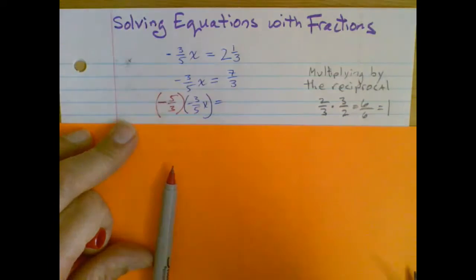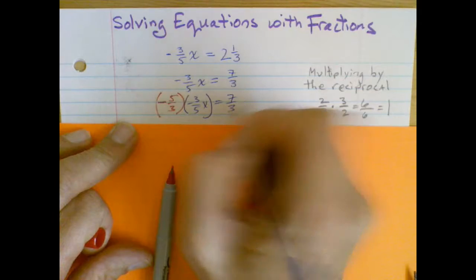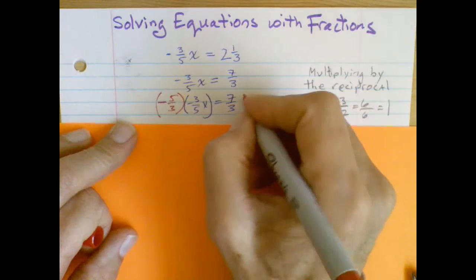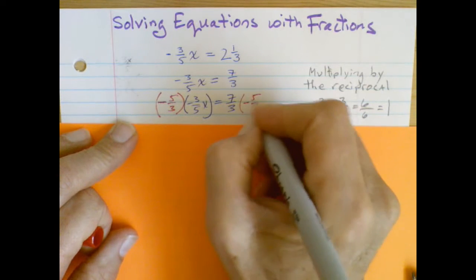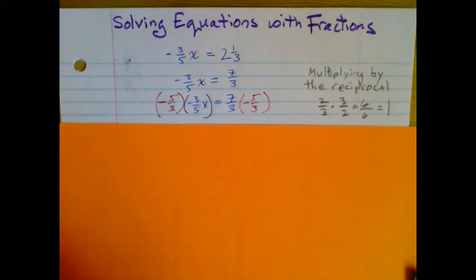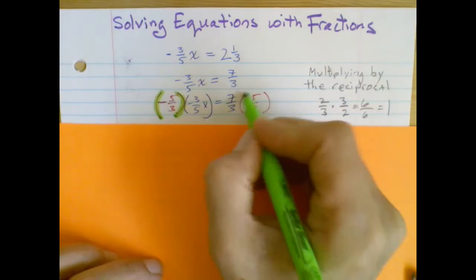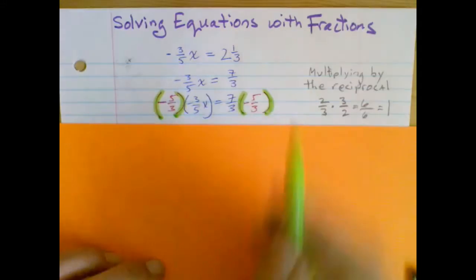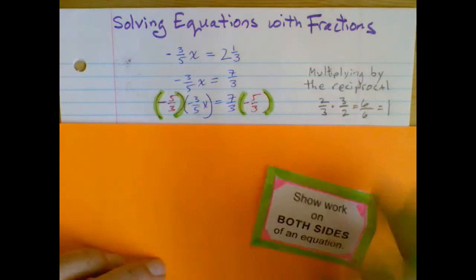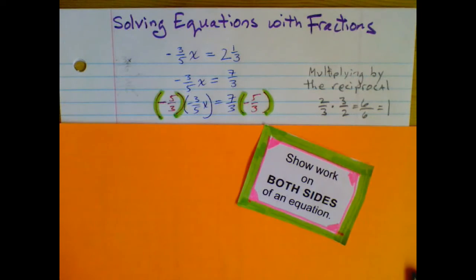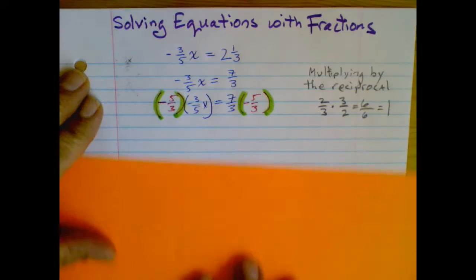My rule says whatever I do on one side, I must also do on the other. So here I am, showing that I'm multiplying both sides. I'll highlight here in my green. I'm doing my math operation to both sides of the equation. Okay, I think I've said that enough times.